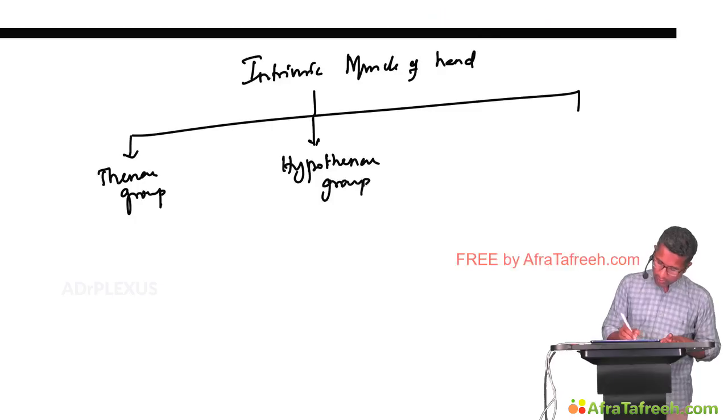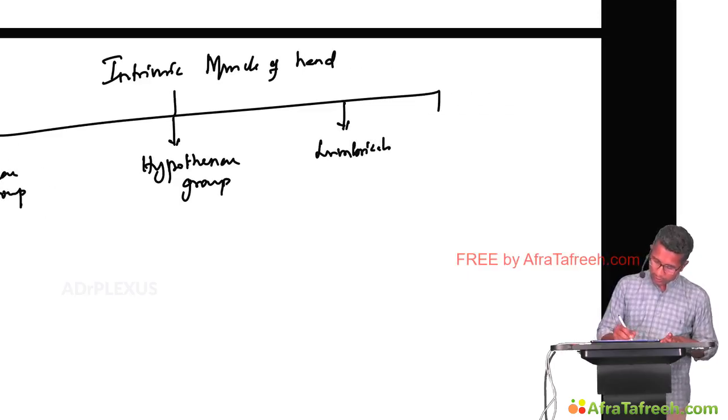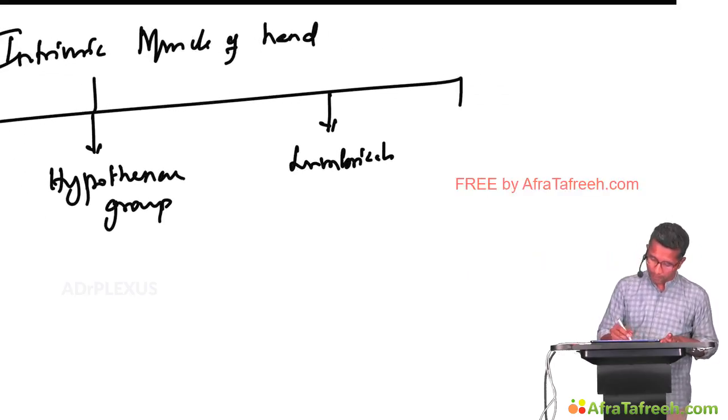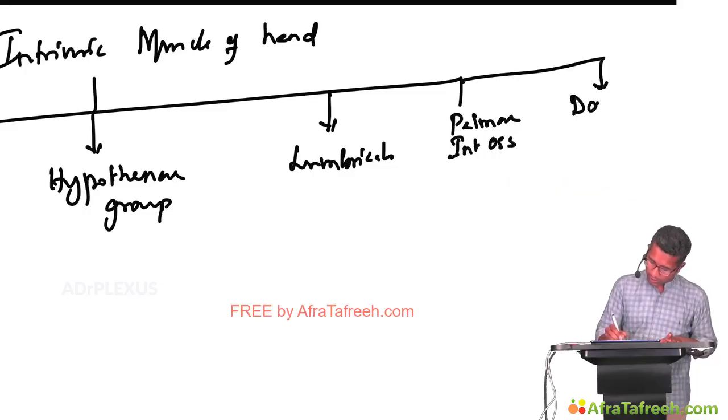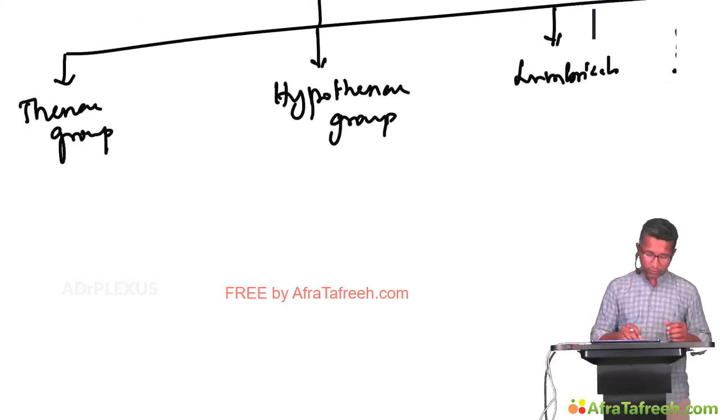The next group is the lumbricals. The next one is the palmar interosseae, and the last one is the dorsal interosseae. We'll see about these muscles, and then we'll go to the supply of the ulnar nerve, so that it will be easy for you to understand.